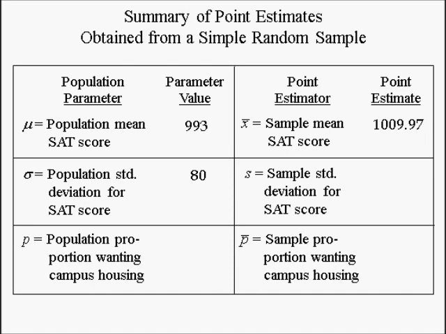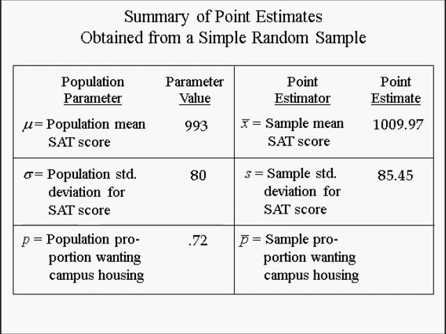Plugging numbers into this procedure yields a point estimate equal to 85.45. Because we can theoretically sample the population infinitely many times, the resulting sample standard deviations will hover near the population standard deviation of 80. Sometimes the sample standard deviation will be below it, and sometimes it'll be above it.